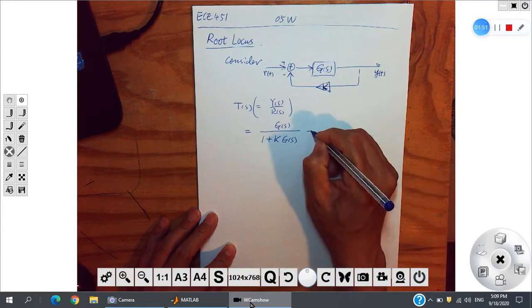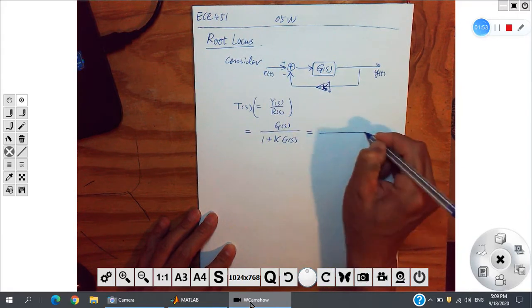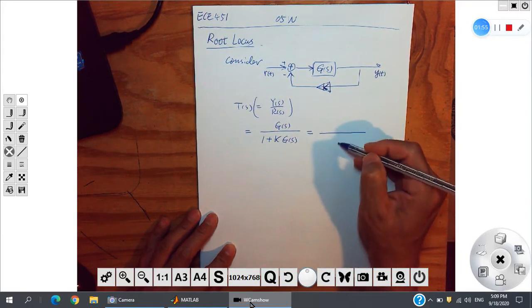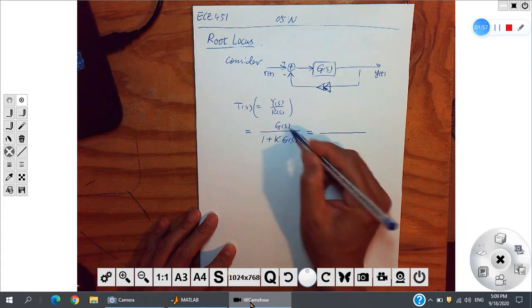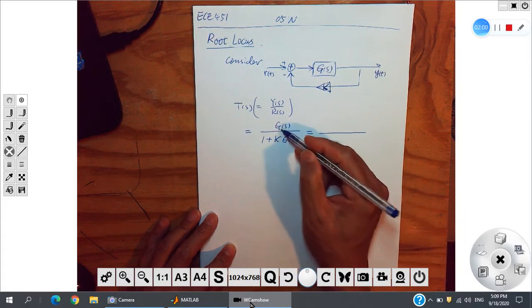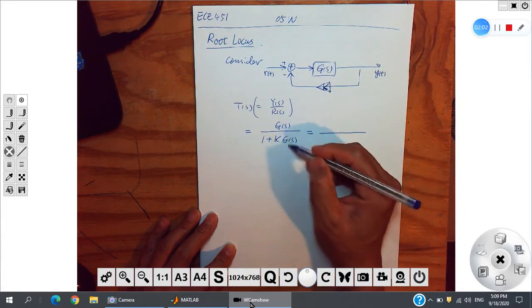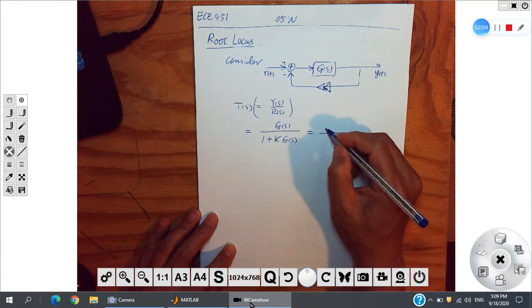And we can also write it as a fraction of polynomials. Here this is a fraction of fractions, right? G is a fraction, so this is a fraction of a fraction. And we can write it as a polynomial.